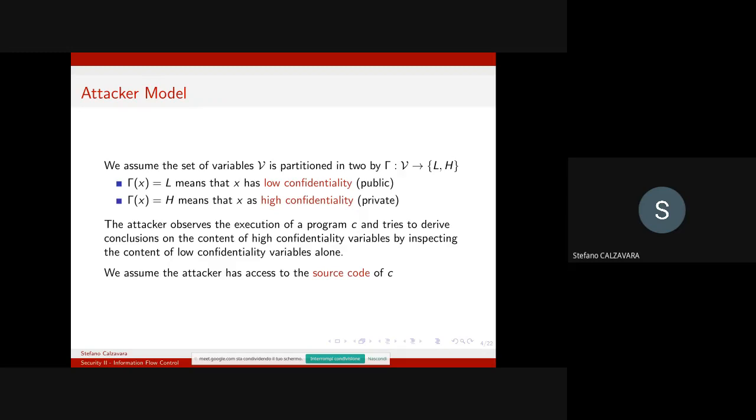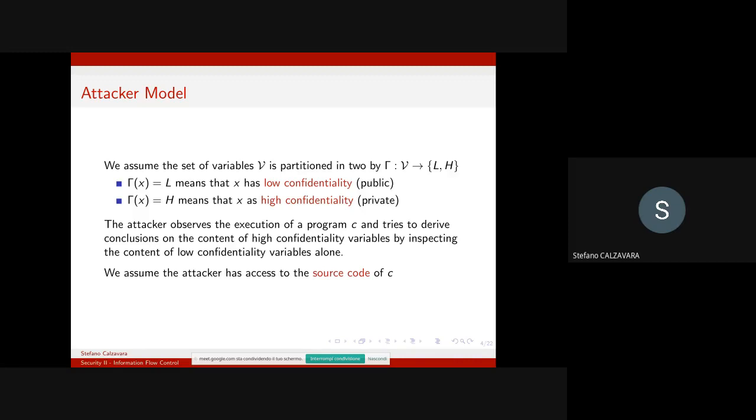And this is done by an assignment gamma, which given a variable gives me the security level of the variable. And for simplicity, we just assume for now that we have two security levels. We have low and we have high. So we discriminate essentially between variables which contain public data and variables which instead contain private data.